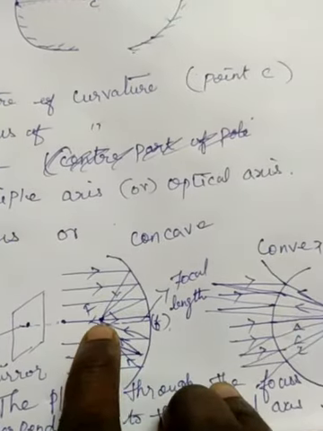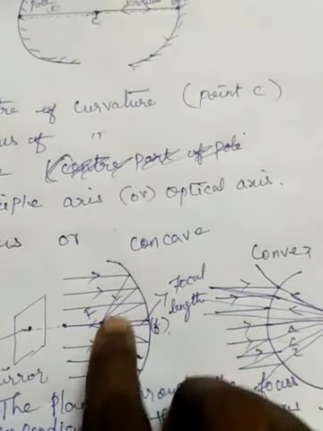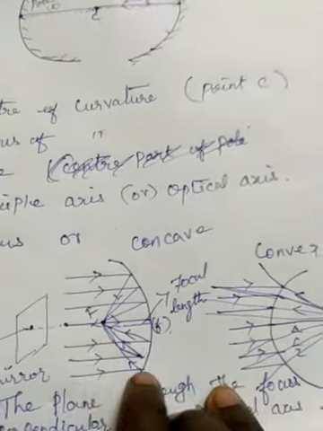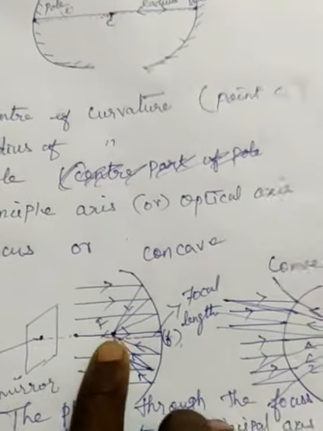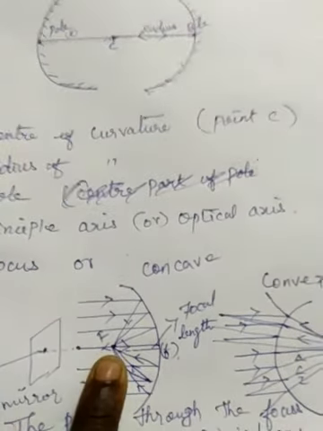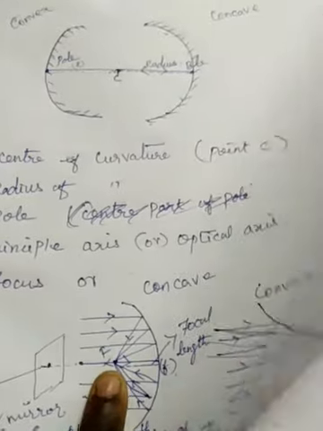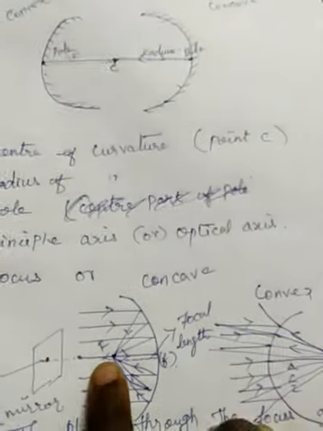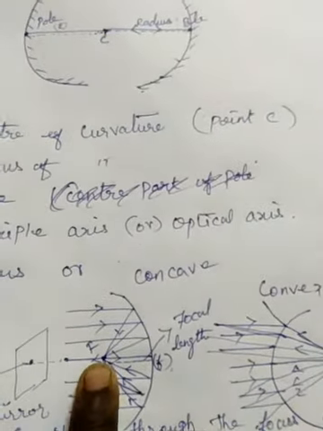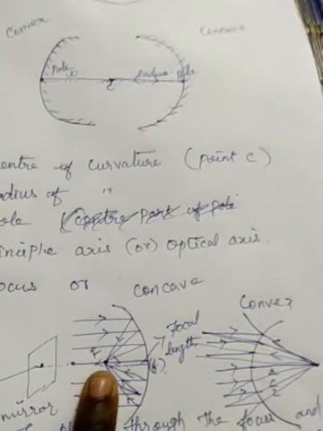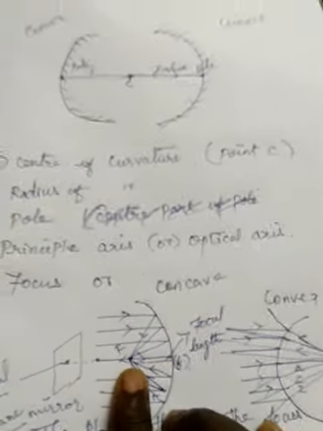You see all the reflected rays join at this one point. This point is called the focus or focus point. Are you understood?